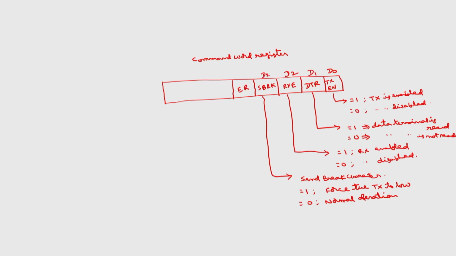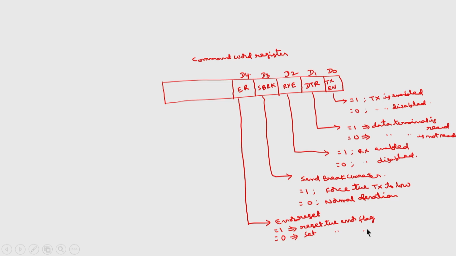This is D3, D4, error reset. This equal to 1 means it will reset the error flag. A received character can have an error also. So, if this is 0, it will set the error flag.